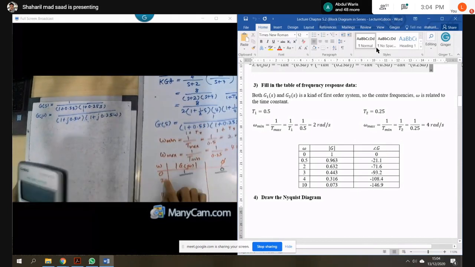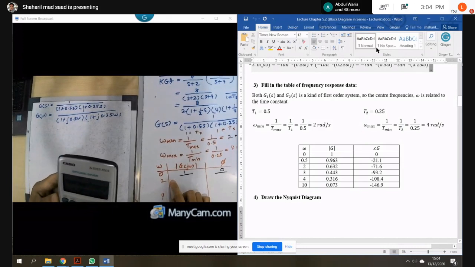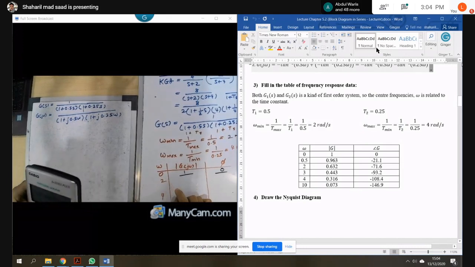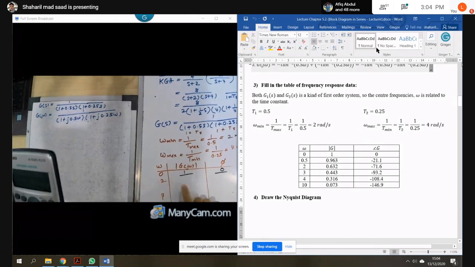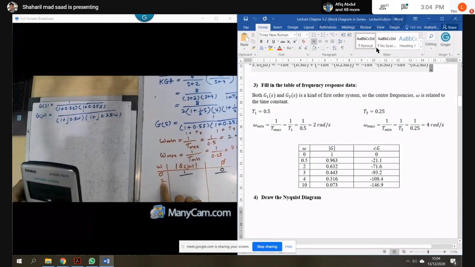Okay, boleh ikut tak? Faham tak konsepnya? And then try omega equal to 2.